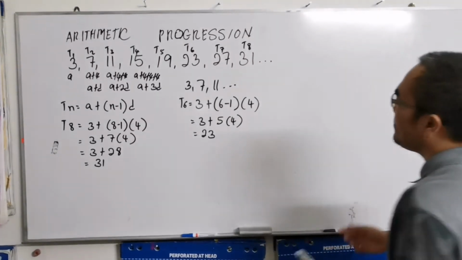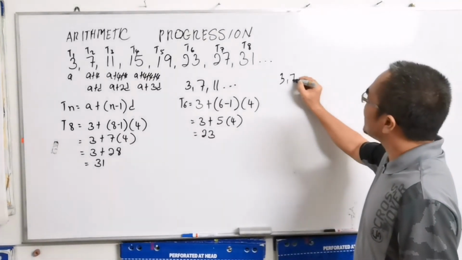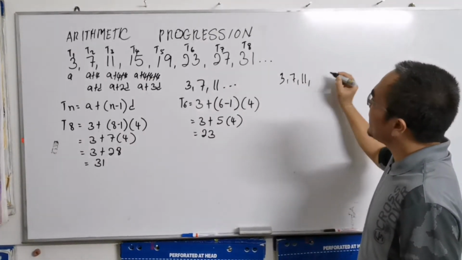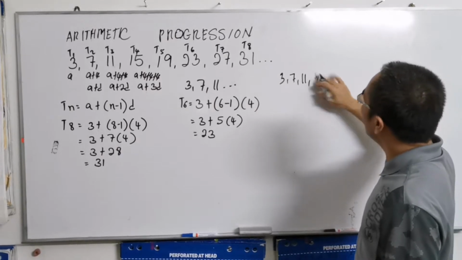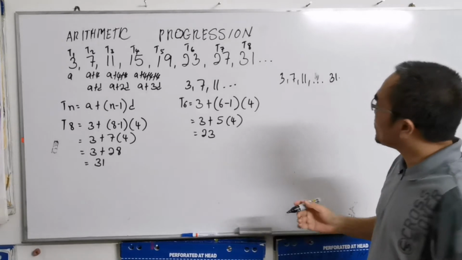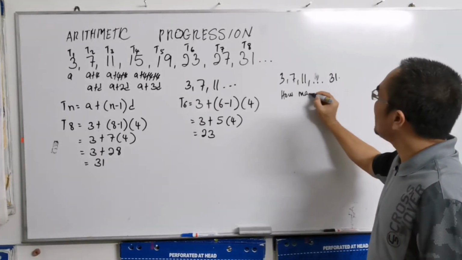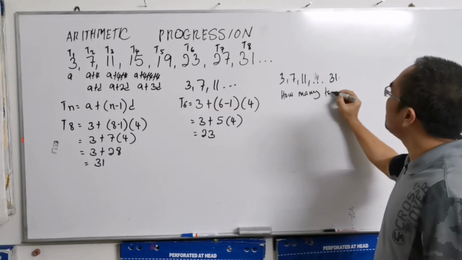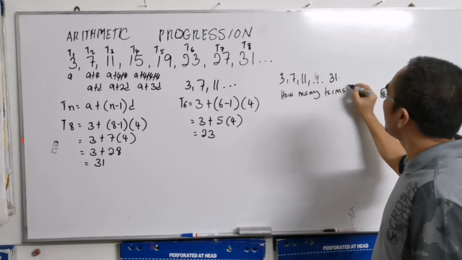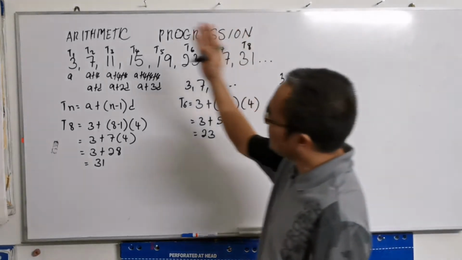But sometimes the question would be like this: 3, 7, 11, dot, dot, dot, 31. The question: how many terms are there? We just count here.